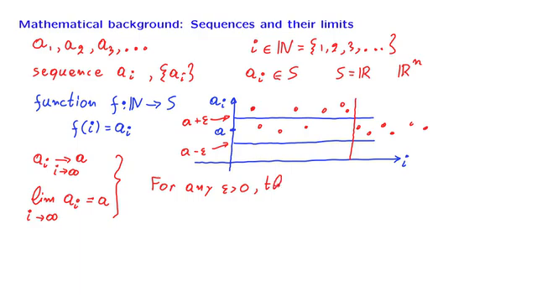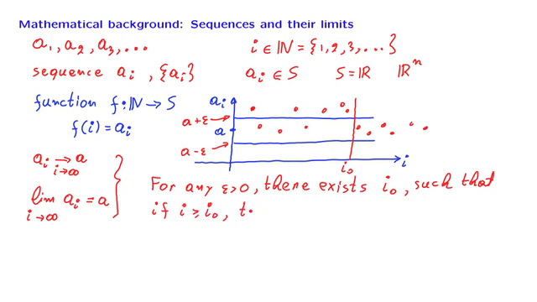So there exists a time, let's call that time i0. So i0 is here, such that after that time, what we have is that the element of the sequence is within epsilon of a.